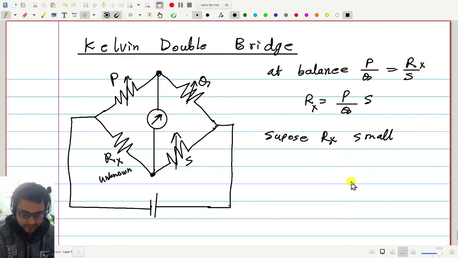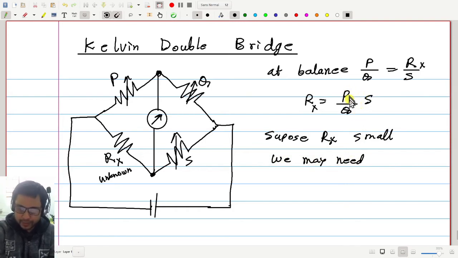One thing may also happen, that if Rx is small, then to get balance, the left side is a small value, so the right side should also be a small value, and for that it may require that either P or S is also small. So we may need one small resistance also in the right side.